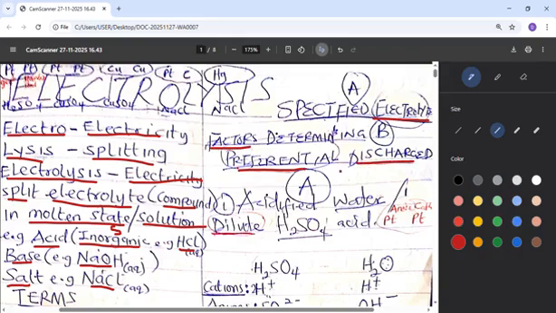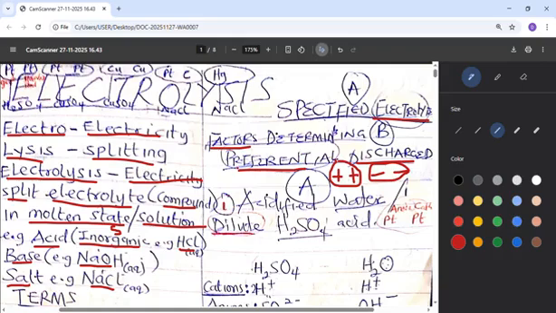Why? Because we'll be noticing two cations, two anions. So meaning that there will be a competition between two cations, there will be a competition between two anions. So meaning we have to give preference to one out of the two ions. And that's why we consider preferential discharge as we are looking at a specified electrolyte.